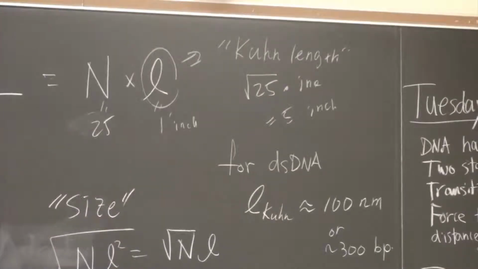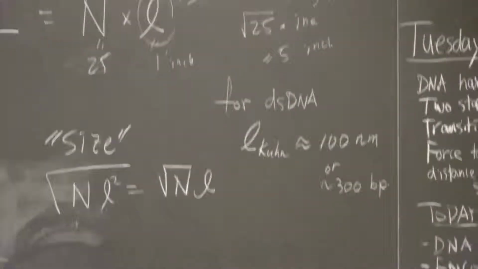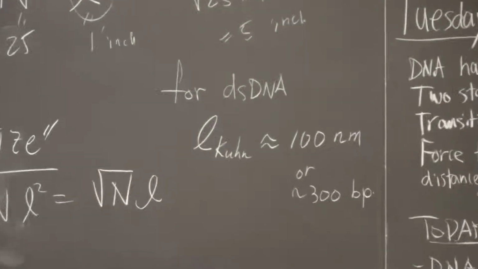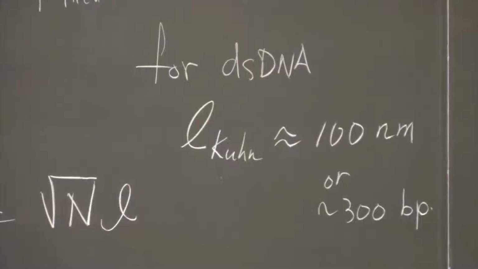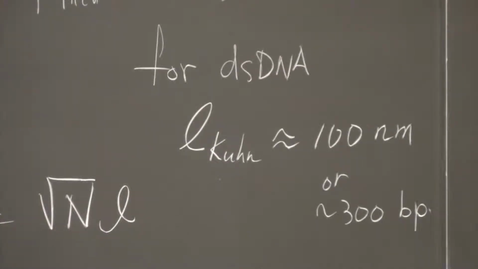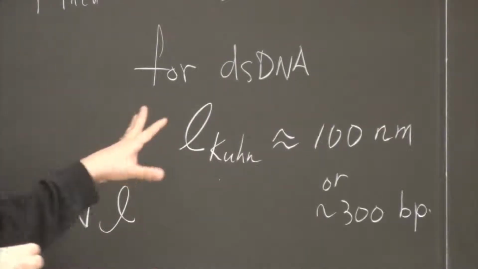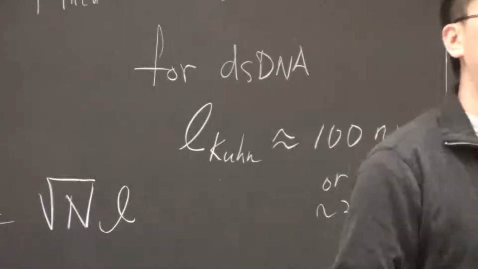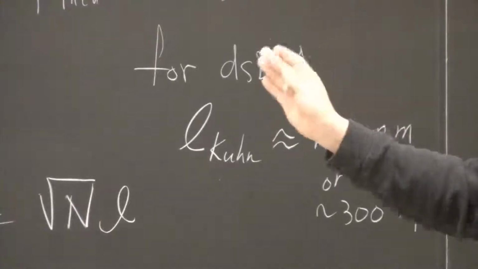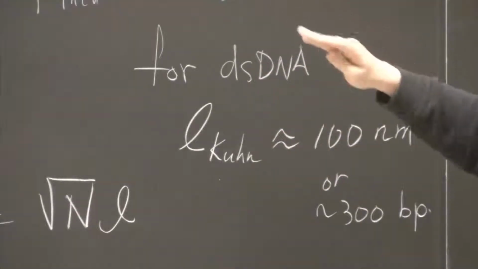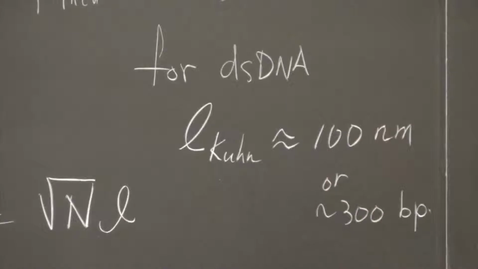For double-stranded DNA, approximately each unit can be thought of as 100 nanometers in length, corresponding to about 300 base pairs of DNA. Okay. And so what I mean by this is that, if you want to describe the size of the DNA using some methods, then you can describe it reasonably well using this model, if you use that Kuhn length as a unit length.